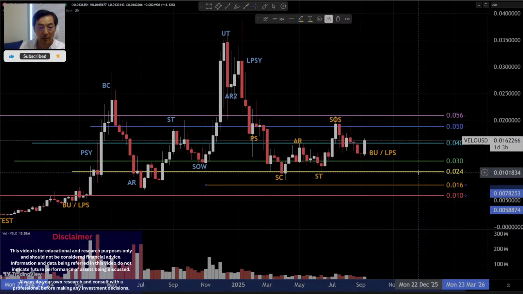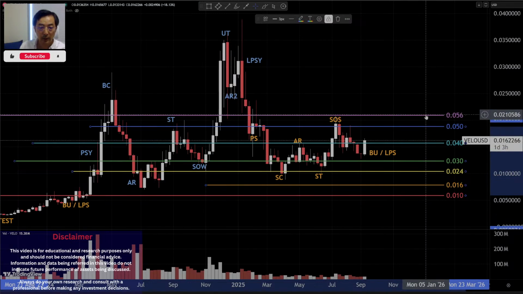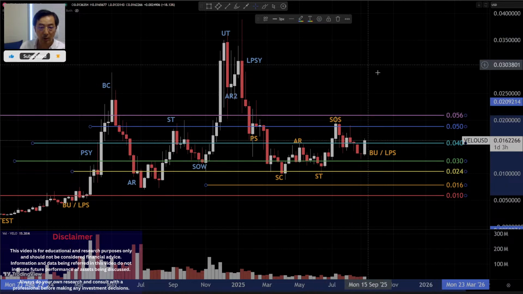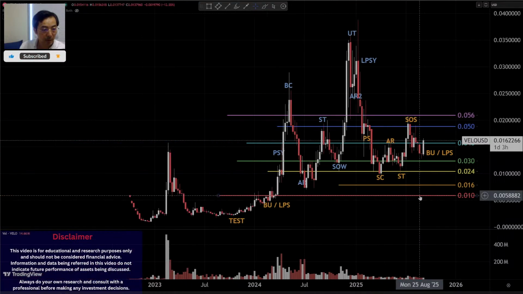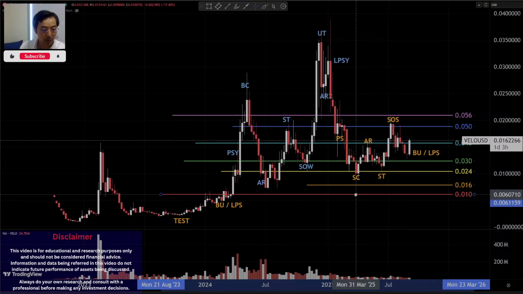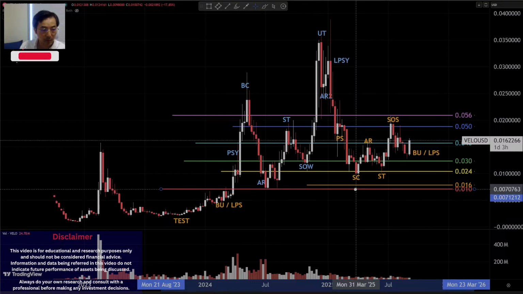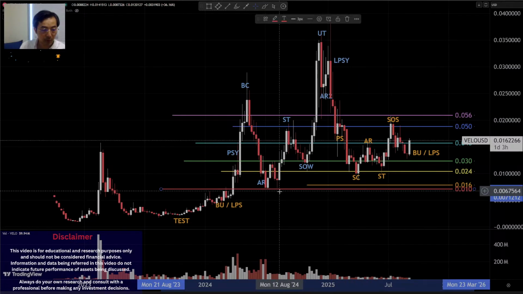What I'll do is to quickly unlock all these so we can easily move them around. This level, yeah, it's probably right. So I just want to take a couple of points as reference.